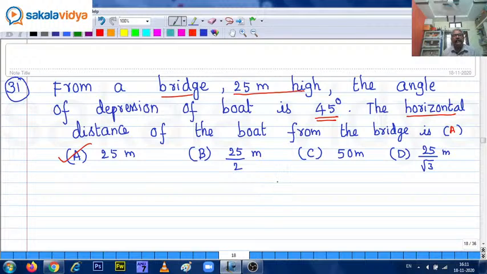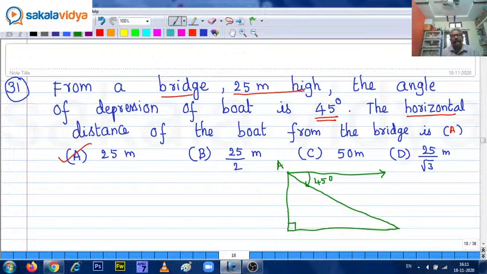See, this is the bridge. So angle of depression means like this. This is the angle of depression. This angle is 45 degrees. The horizontal distance is this one.